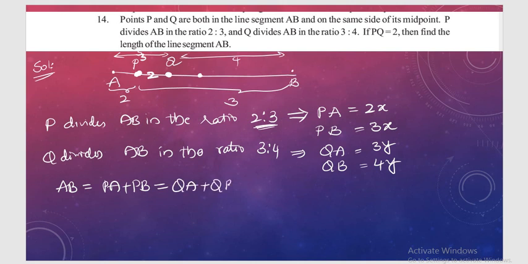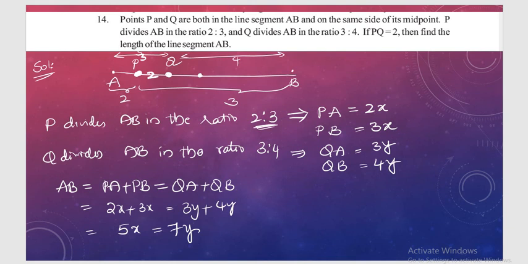So PA plus PB is 2x plus 3x, which is equal to 3y plus 4y. So 5x is equal to 7y. So x is to y is equal to 7 is to 5.